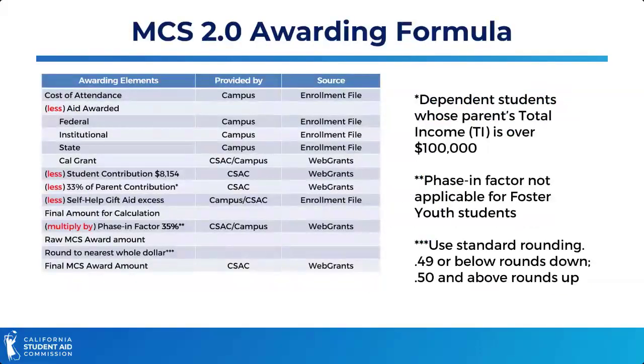This is a visual of the actual formula that we use to calculate a student's award and where we get these data elements from. As you can see, some of these we get from the enrollment file. Some of this information we internally have, or is part of the awarding formula.